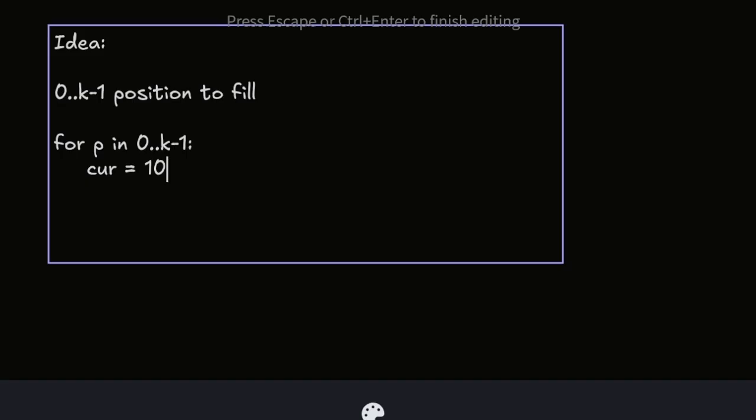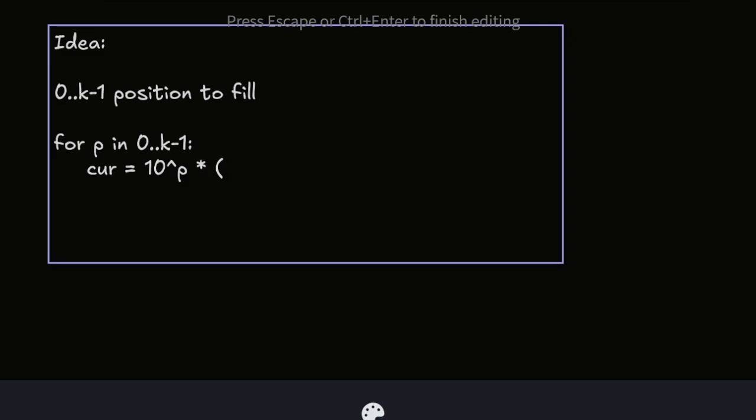Because we know that if we are looking at position 0, it will have 10 to the power of 0. If we are looking at position 1, it will be 10 to the power of 1. So the base is always 10 to the power of p. And that's just the base.